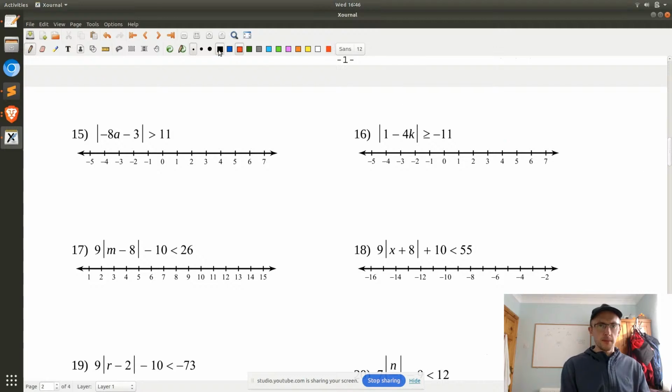Problem 15. Oh, it's greater than 11 this time, so you're not going to get me this time. So, how to procedurally solve this, though? How to do this right?